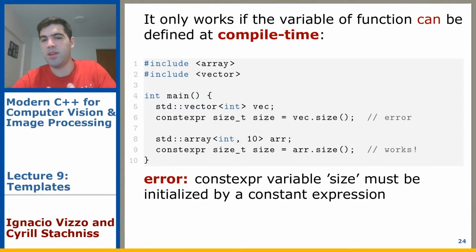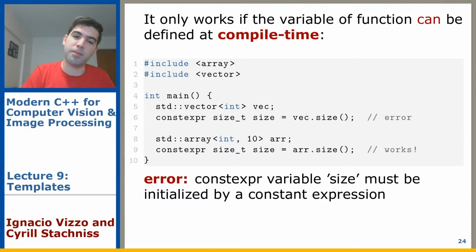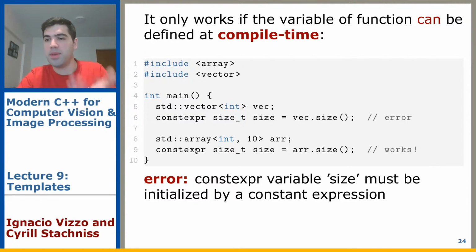And again, you need to think about what is happening at compile time and runtime. This constexpr can also be applied to variables. If you say, give me at compile time the size of this vector, in this case it will not work, because the size of the vector is dynamic, which means it might change.